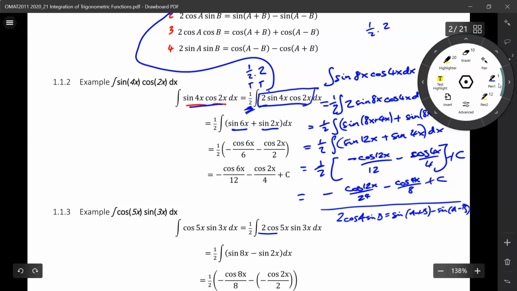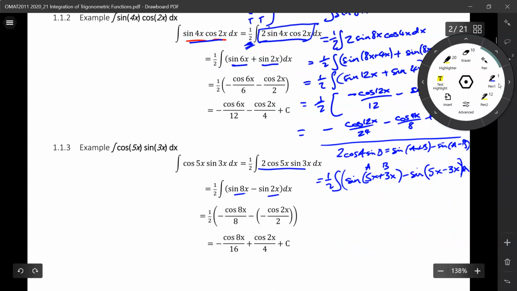So we now have the 2 in front of it, so we're ready to use this rule. And that is equal to half times the integral of the sine of a plus b, so it's 5x plus 3x, that's my a, that's my b, minus the sine of a minus b, so it's 5x minus 3x. So that's how you're getting the 8x and the 2x.